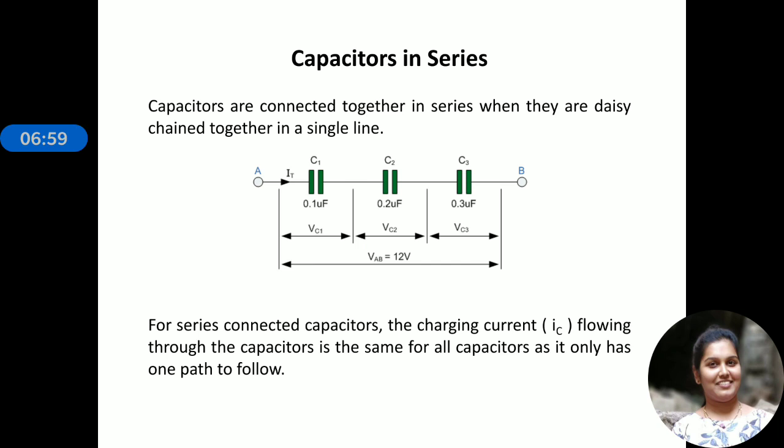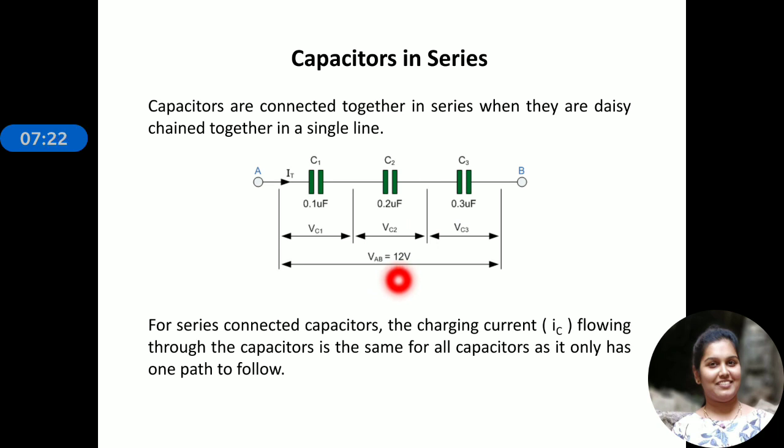In the series connected circuit, the total or equivalent capacitance can be calculated by using the total voltage. Now we will discuss how to calculate the total capacitance in series connected capacitors.